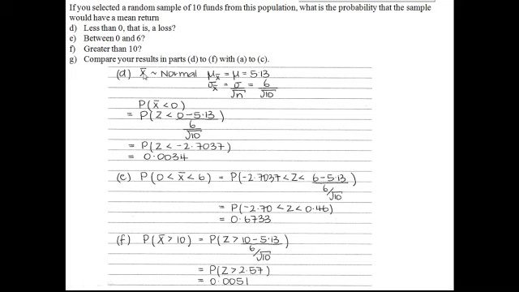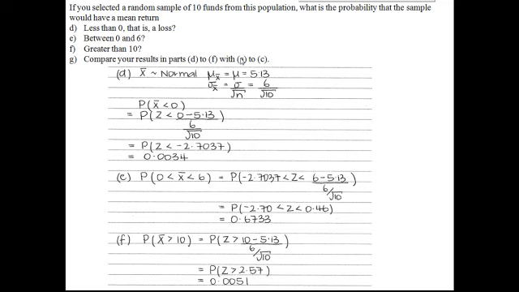Now, the population was normal, so the sampling distribution is also normal. So that's the first step. If we know the values of the population, we know the values of the sampling distribution. So remember, the theory tells us that the mean of the sampling distribution will be the same as the population mean, and so x bar will have a mean of 5.13.